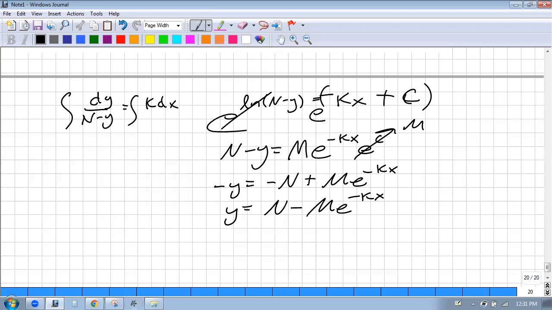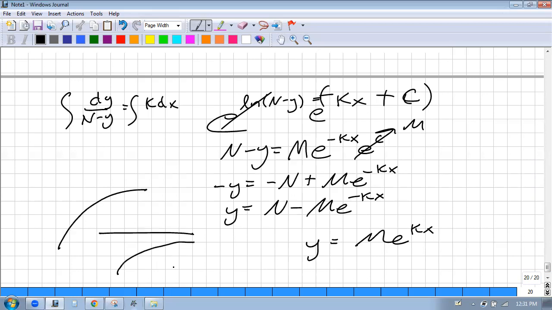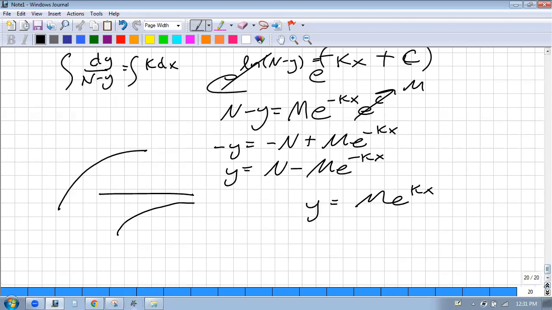All right, so instead of just this, there's a minus here and a minus there. So we start off with the maximum, and then we subtract off something. So instead of looking at something that's growing like that, we start off with something like this and we subtract off something that looks like that. Okay, is what we're doing.